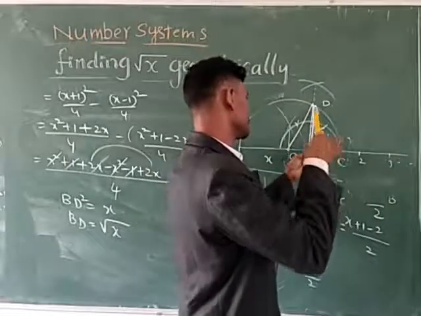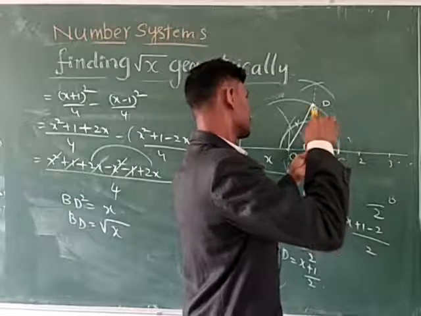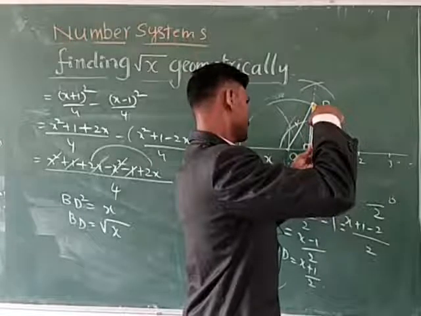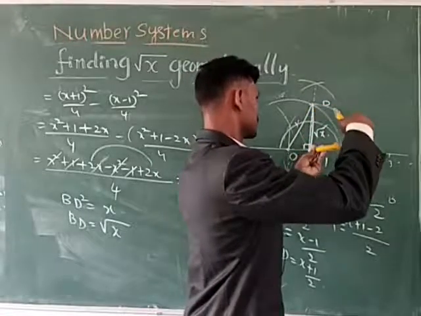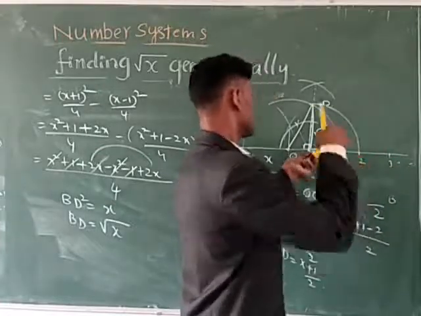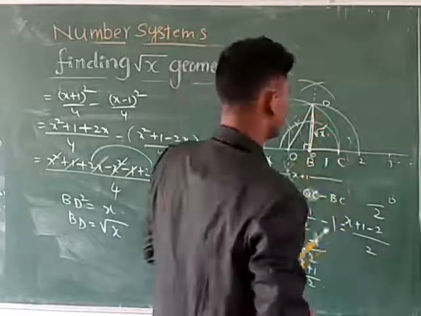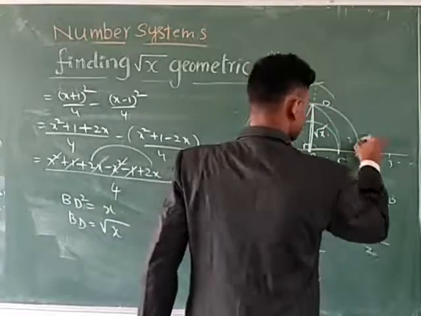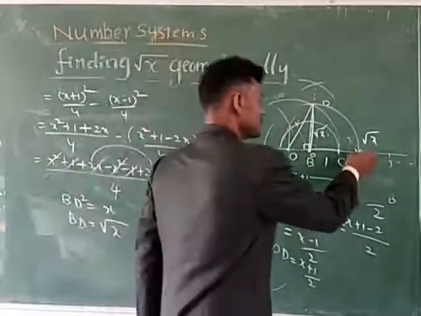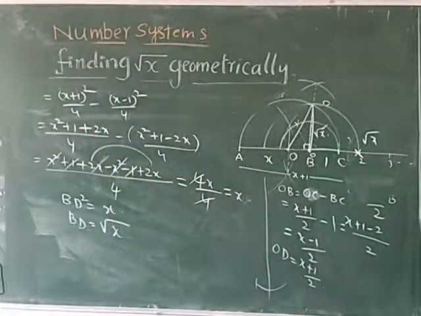Here OD is root x units, you can take it and draw a semicircle. Now this is root x units. Actually this is 1, 2, 3 simply as given, but actually this is root x units. You have to solve like this, geometrically, to find root x.